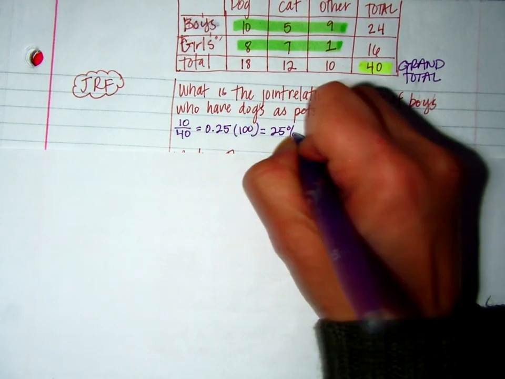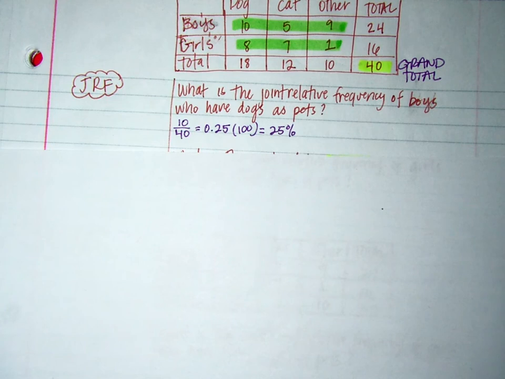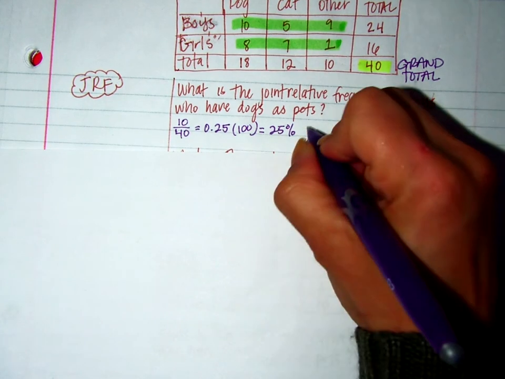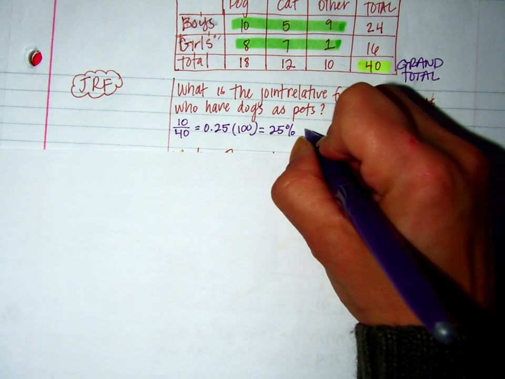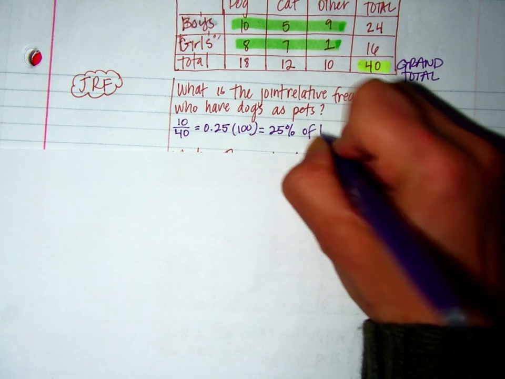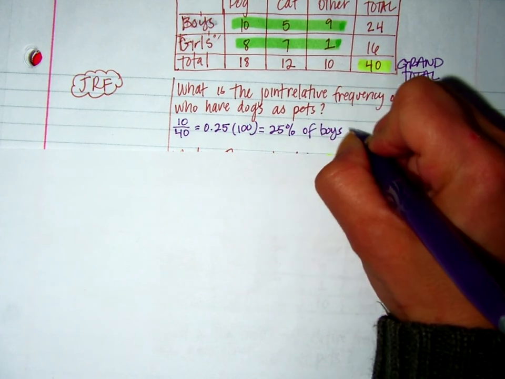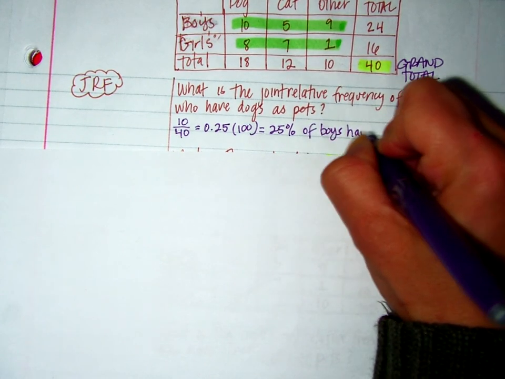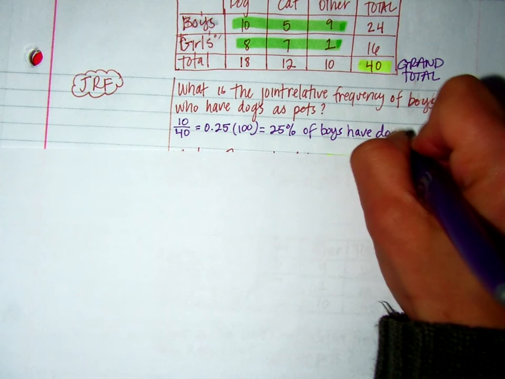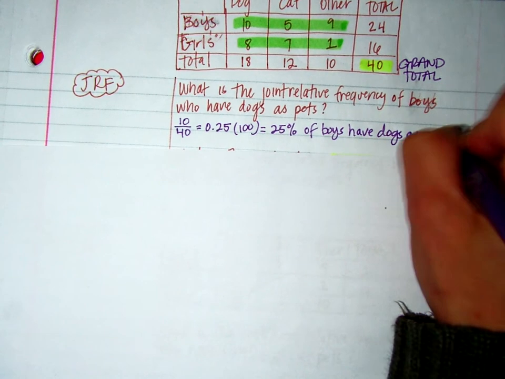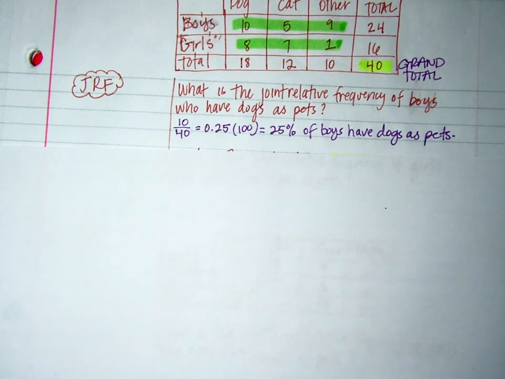Now, what is the joint relative frequency of boys who have dogs as pets? We have 25% of boys have dogs as pets. Always write your complete sentence, okay? Again, you can pause this at any time.